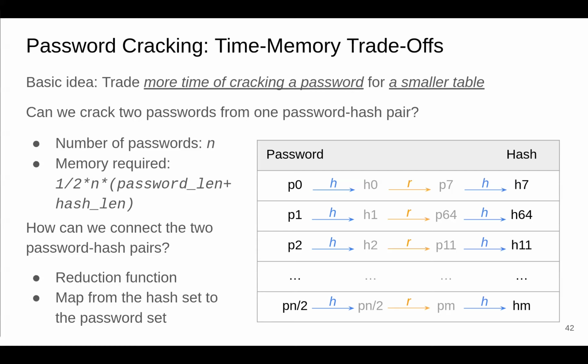And this is where we introduce a reduction function. So we've got a password 0 that was hashed to H0. Then we do a reduction function, which becomes password 7. We hash it, it becomes the hash of password 7.